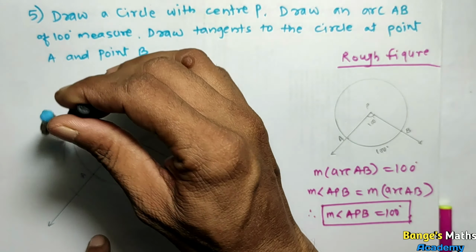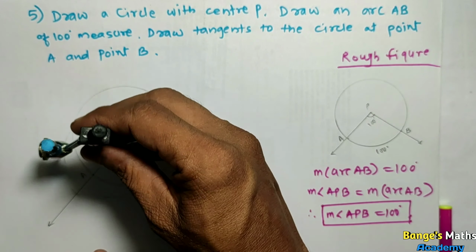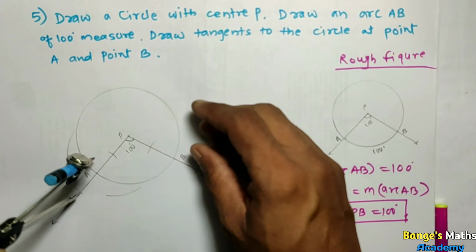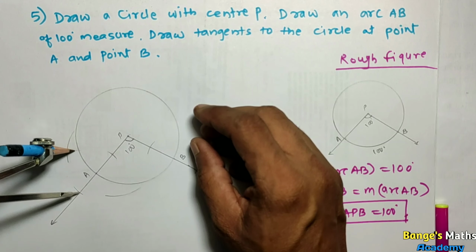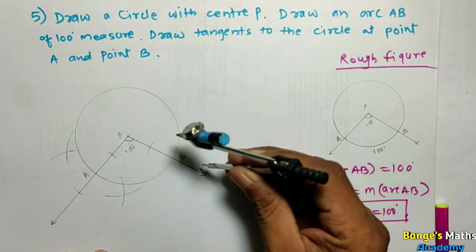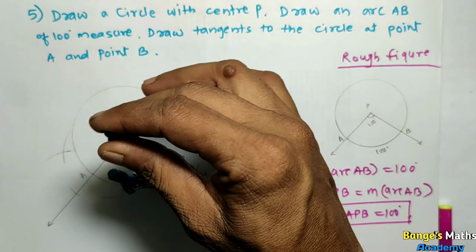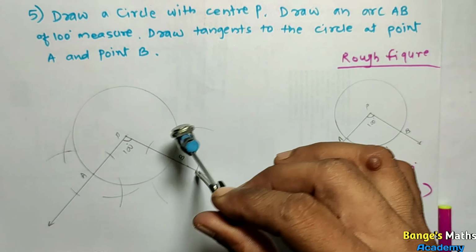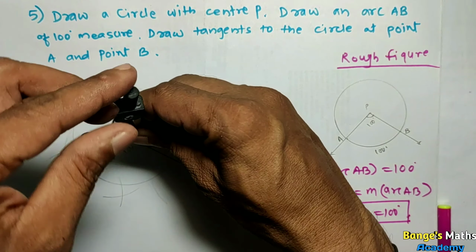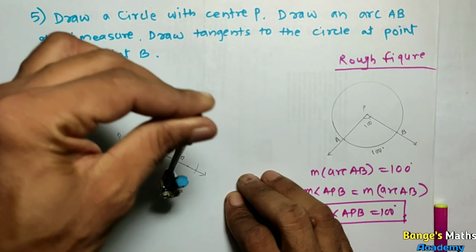Then take further apart half the distance between these two arcs. Draw arcs to the both sides of ray PA. With same procedure draw intersecting arc to this previous arc.